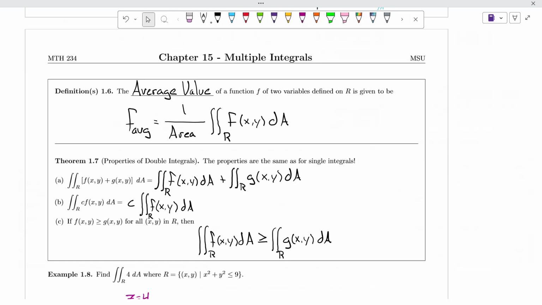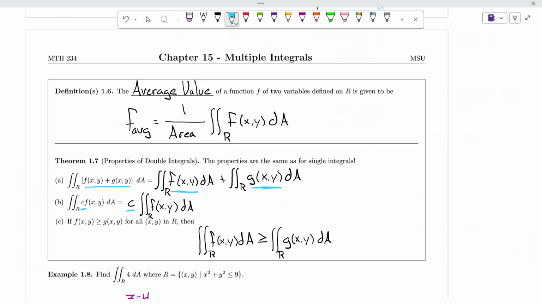And some other properties of double integrals. Most of the same stuff from single integrals still applies. So there's the addition of functions or the addition of integrals. I can see here that I can just separate out addition in integrals, split it up into 2 separate integrals where I'm just summing the individual pieces instead of the total sum. I get that constants can be factored out of integrals, just like they can get factored out of sums.